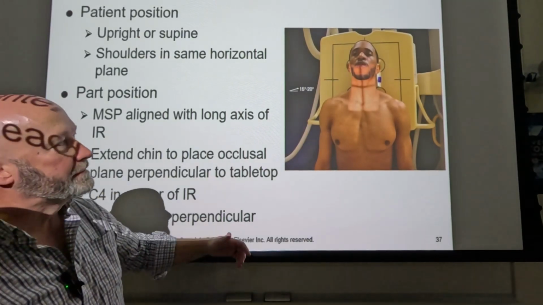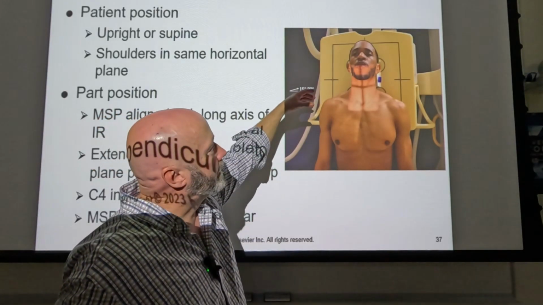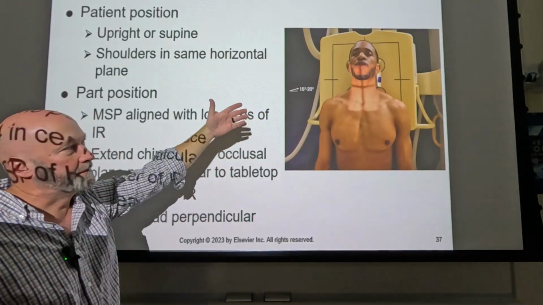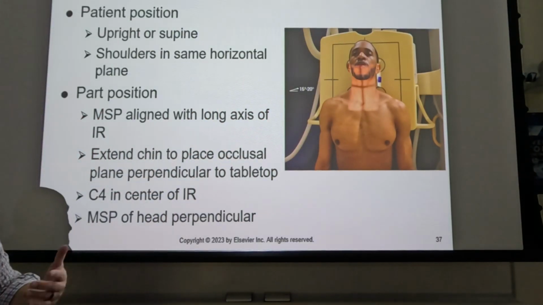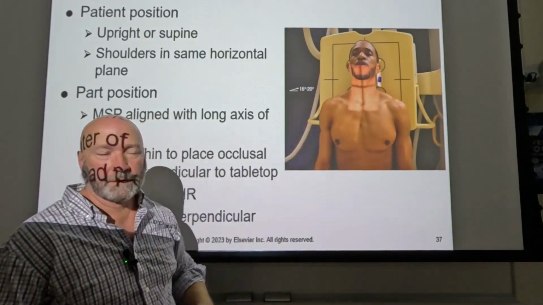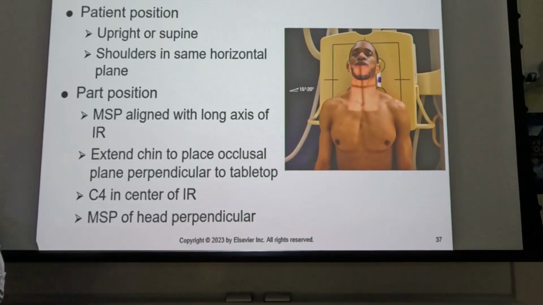So right through the Adam's apple, make sure that you open up enough that you're not going to see C1, C2, but you're going to include enough that you're going to see as much of the upper C-spine as possible, all the way down to about T2, T3, okay? Remember, you have to see adjacent anatomy to make sure that you've got all the anatomy that you want to see. In other words, you can't just shoot from C1 to C7.